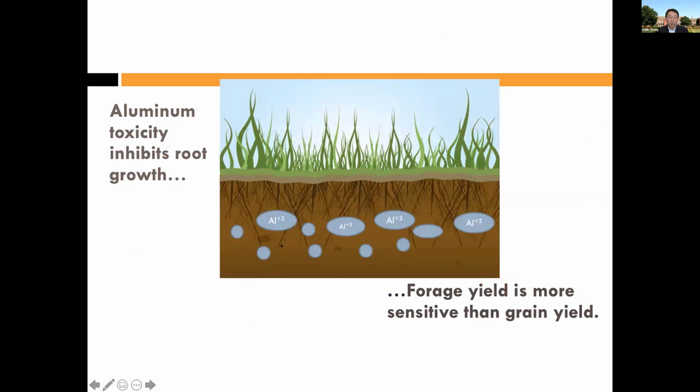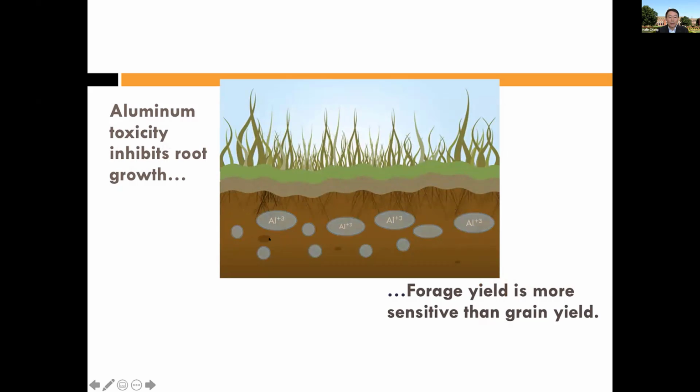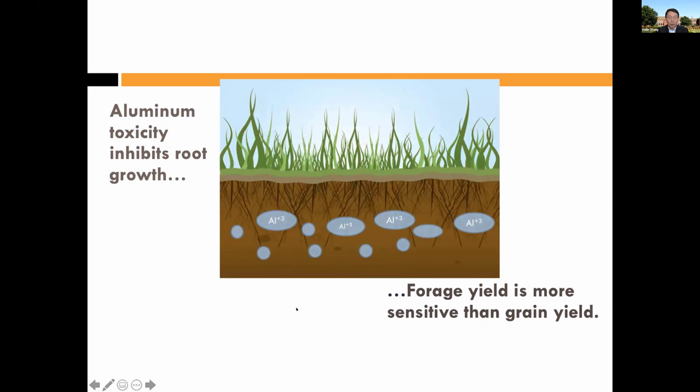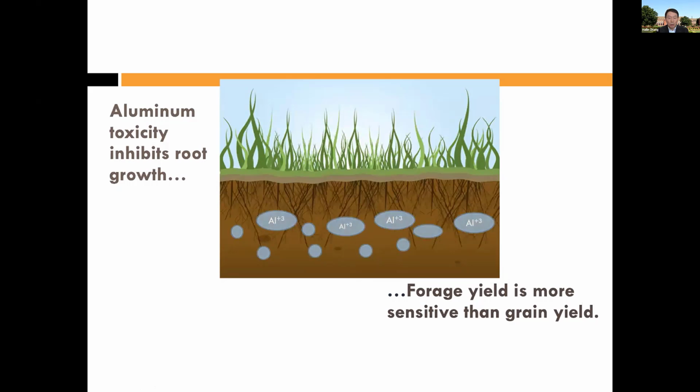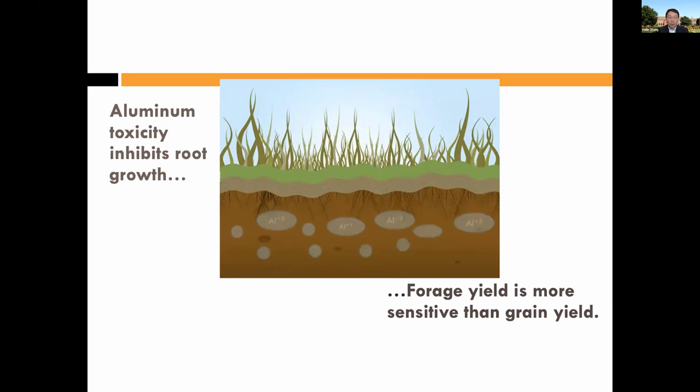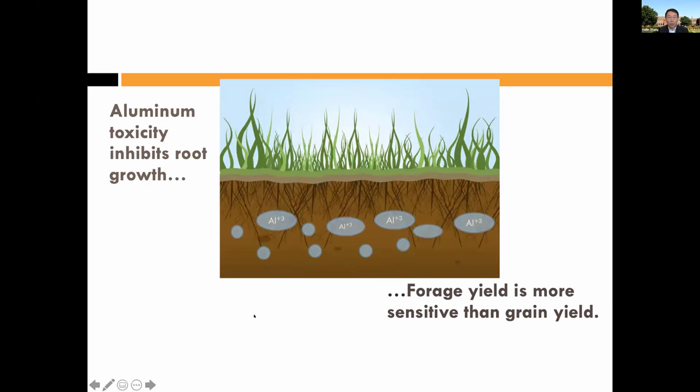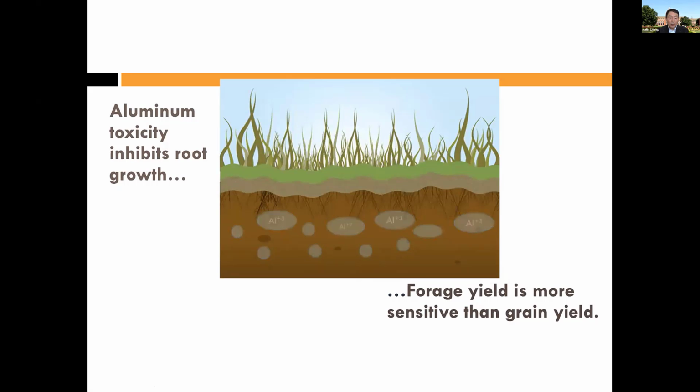Because this aluminum doesn't behave very well in the soil. It can directly attack the roots or precipitate phosphate or other nutrients. When you see aluminum in the soil, some of the calcium and magnesium probably already leached out or got lost.